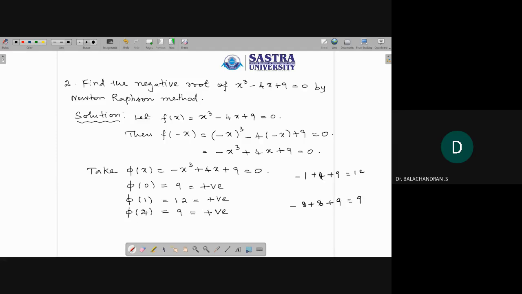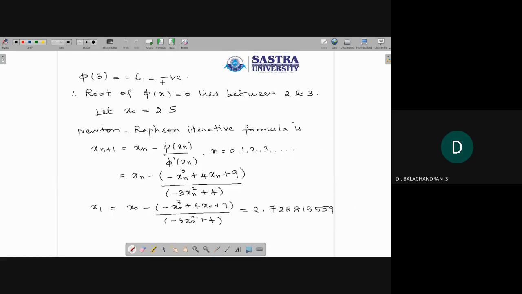And then substitute x is equal to 3. So minus 27 plus 12 plus 9, so 21 minus 27, which is minus 6. So there is a change in the sign. Hence the root of phi of x lies between 2 and 3.